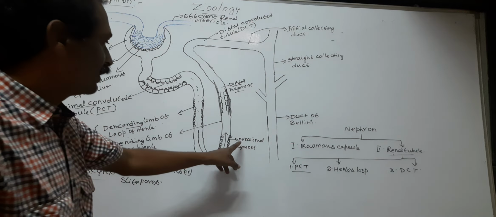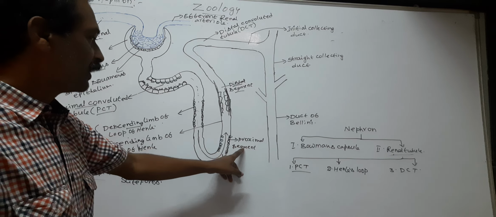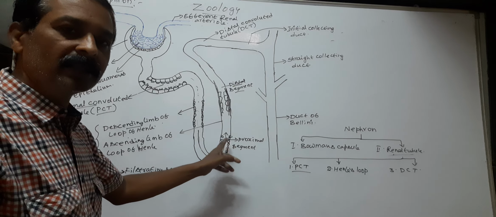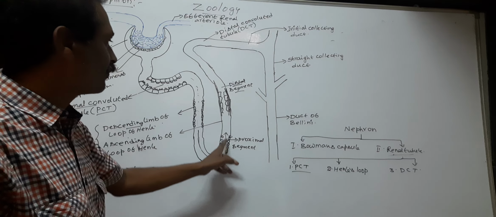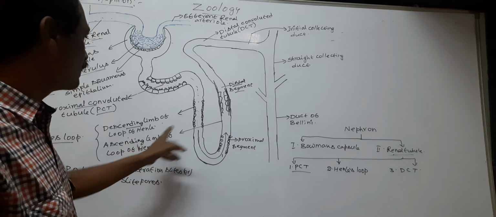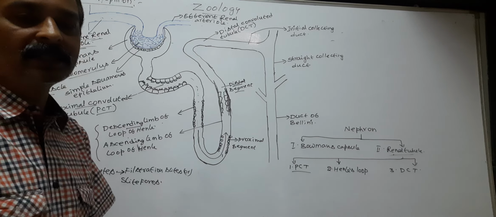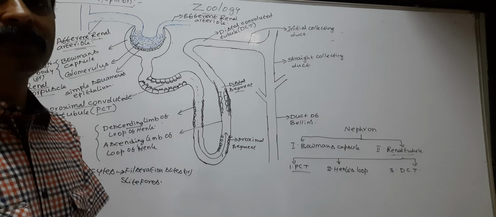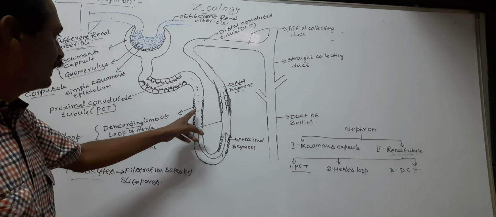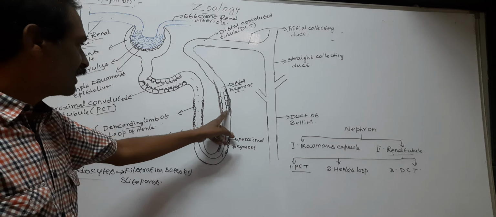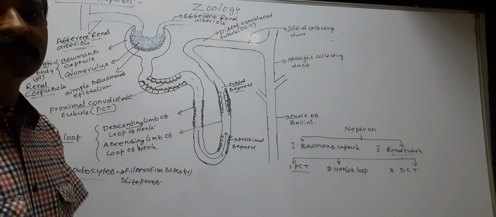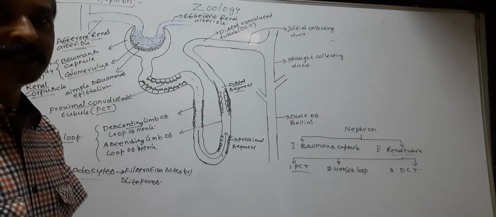So, the thin proximal segment of the ascending limb is lined by simple squamous epithelium, and the thick distal segment is lined by simple cuboidal epithelium. Here, the descending limb and ascending limb of loop of Henle are situated in the medulla of the kidney.